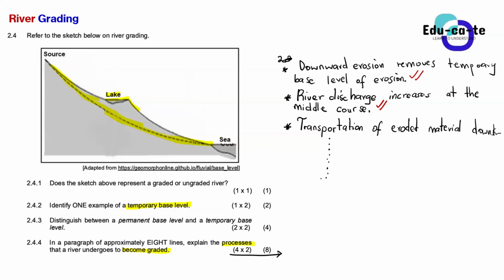But at the end of the day, the river will end up becoming graded. There's not really a need to conclude per se, but you need to know that the river will be graded, meaning that the rate of erosion in that river is now equal to the rate of deposition.